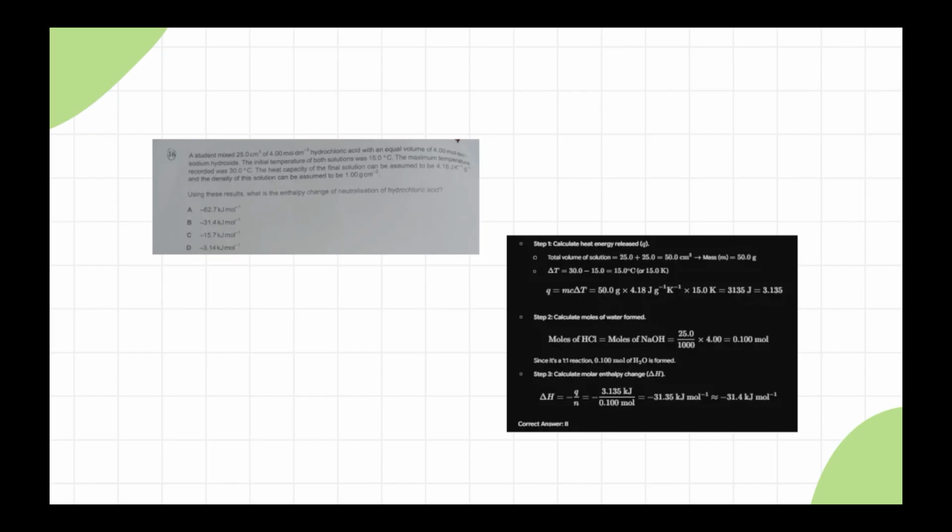So we have to calculate the heat energy first. We have to know the total volume of solution, which is 25 plus 25 equals 50 cm3, so the mass is 50 g.